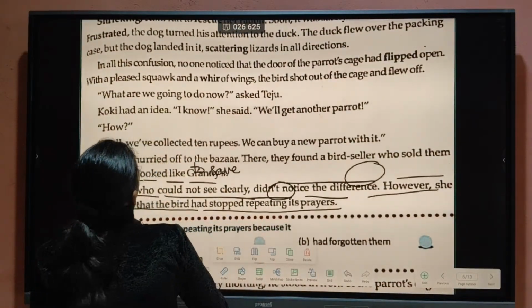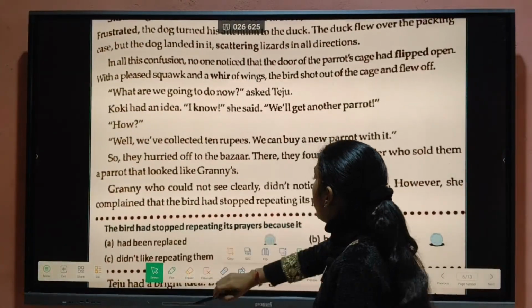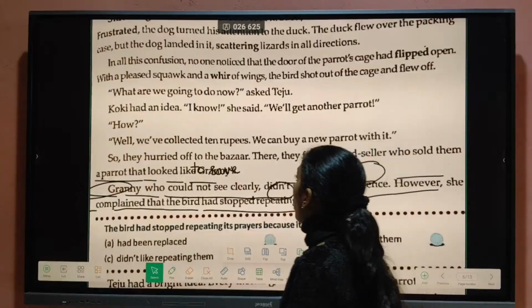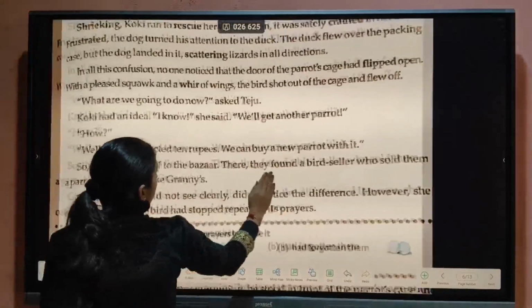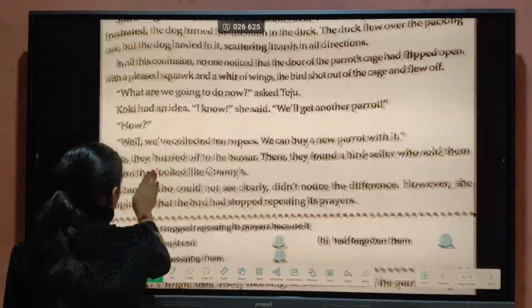In this confusion, no one noticed that the door of the parrot's cage had flipped open. There was a lot of confusion. So now what happened?